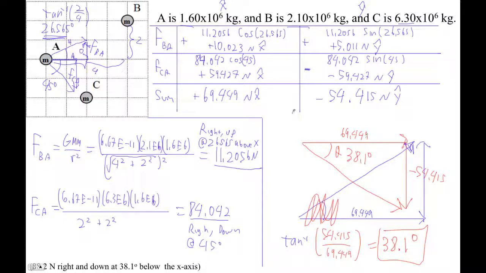And then the magnitude of this is going to be, that's this thing here. That's going to be 69.449 squared plus 54.415 squared.